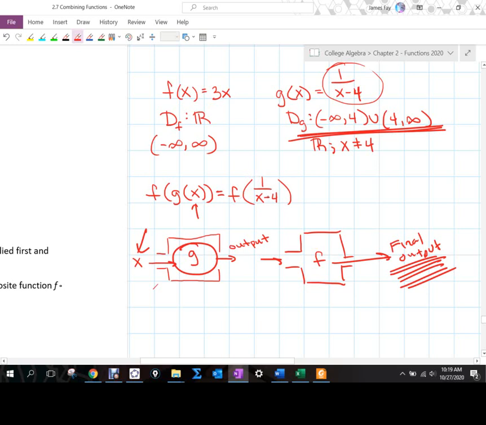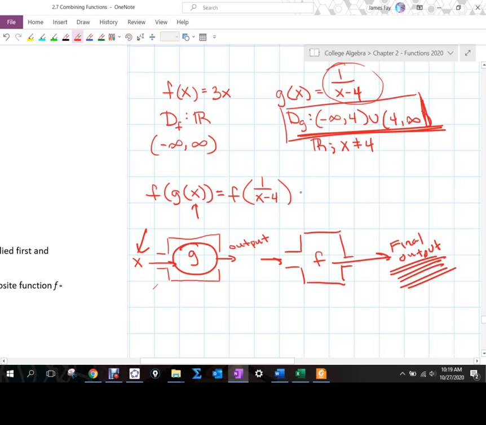And that's undefined, so that's kind of a vacated value that does not exist. Well, how would I plug that into 3x? I can't. Okay, I would not get an output back. So that's kind of the idea of why that is the governing domain right now for this composite function.